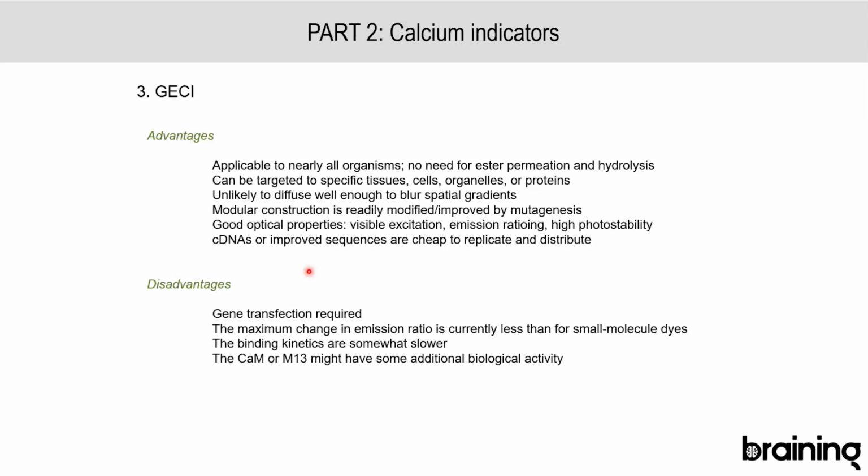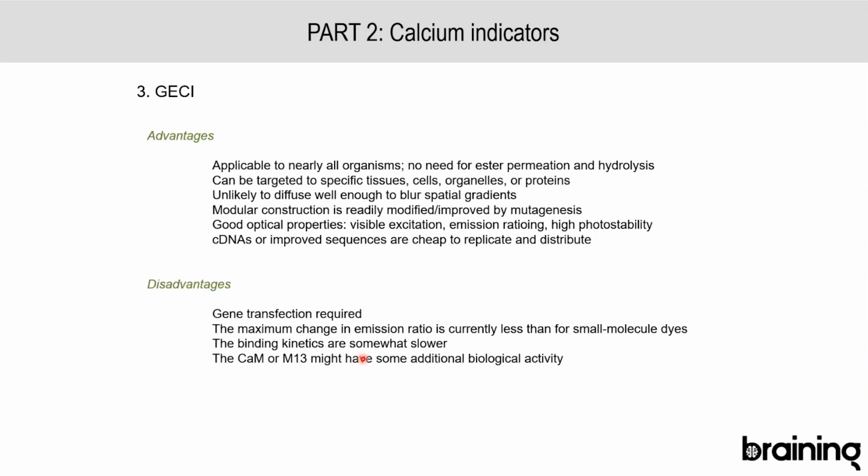Disadvantages. Gene transfection is required. So if we are starting a new set of experiments, we will need to optimize in that specific brain area the concentration of virus that we'll probably need to inject to have a good expression of our dye in the area that we want. The maximum change in the emission ratio is currently less than the small molecule dyes. That is also a disadvantage, because usually the small molecules work, the emission ratio is really, really good.